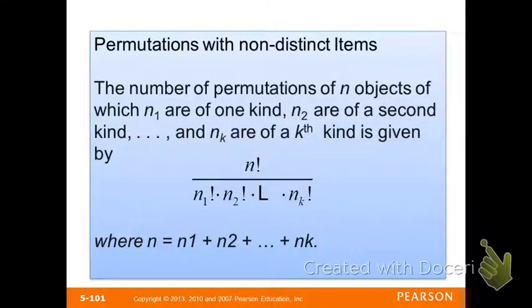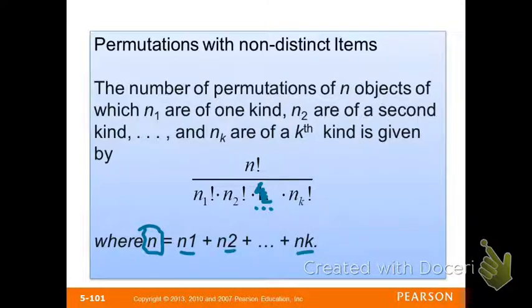So the number of permutations of n objects, of which n1 are of one kind, n2 are of a second kind, nk are of a kth kind, is given by n factorial over n1 factorial times n2 factorial times dot, dot, dot, all the way down to n sub k factorial, where n, the number of total items, is equal to the sum of the different kinds of items.